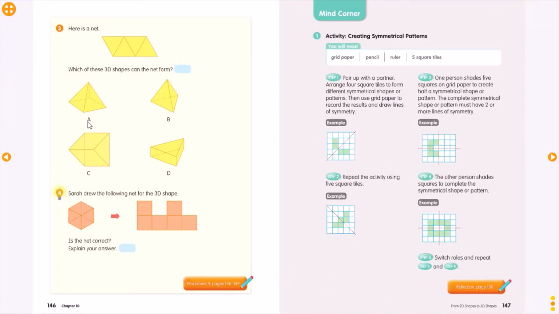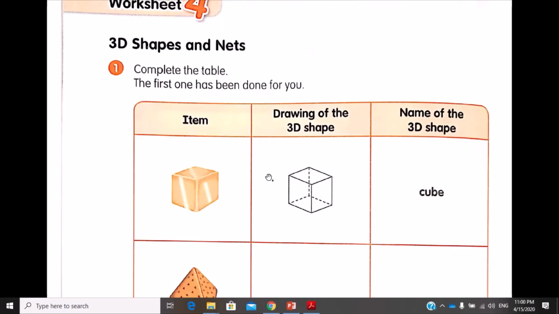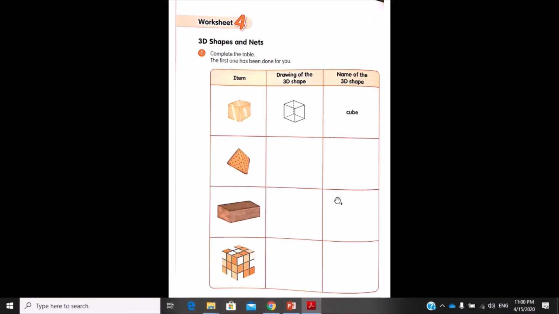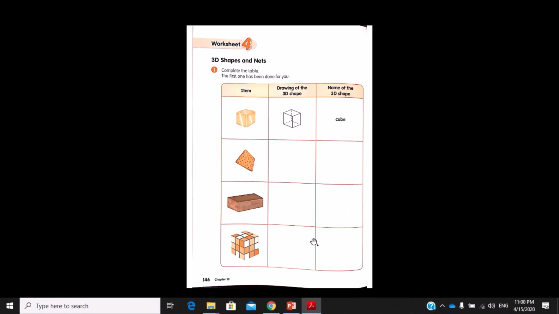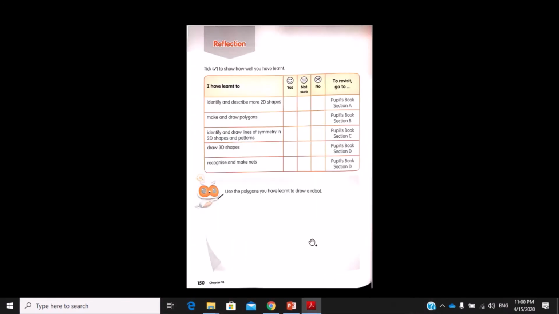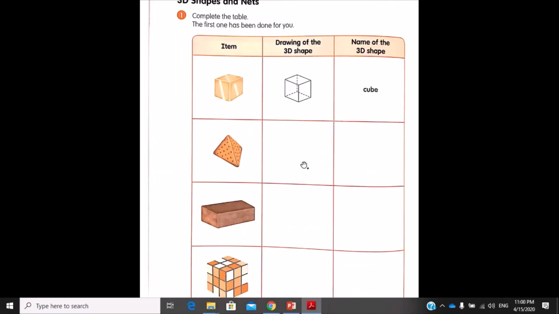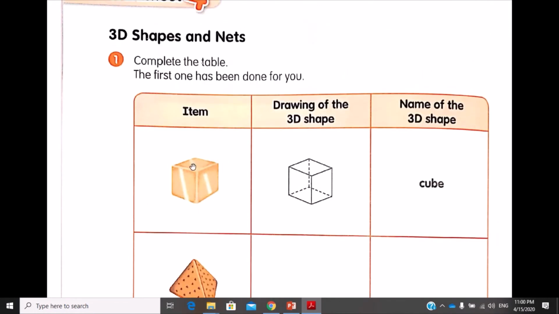Now let's go to our math activity book and let you know what kind of questions you're gonna be working on. So here's a math activity book. So you're gonna be working on from page 146 until 150. So let's try to look at page 146 first, what it's asking us in question number 1.